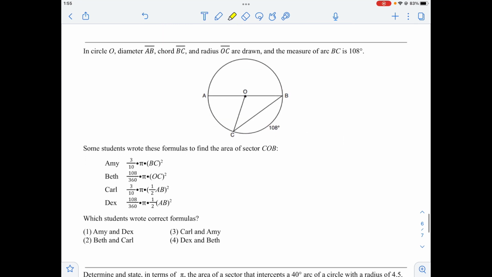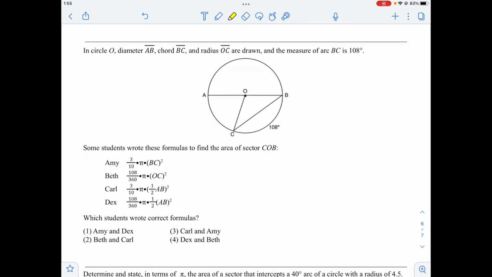To a little bit more complex problem. And this particular one, we have circle O. Its diameter is AB. There's a chord BC and a radius OC. Okay, so immediately we know that this little segment from here to here, here to here, and here to here are all congruent.